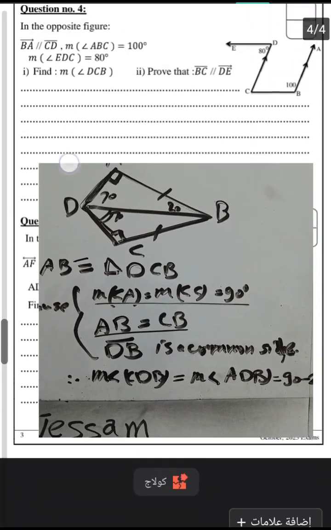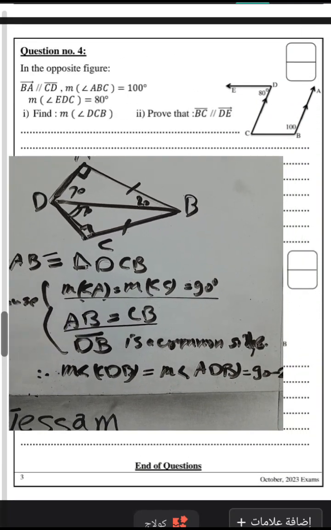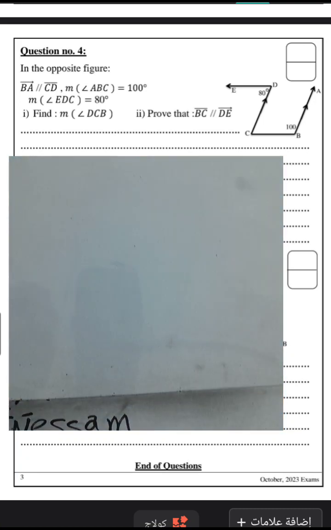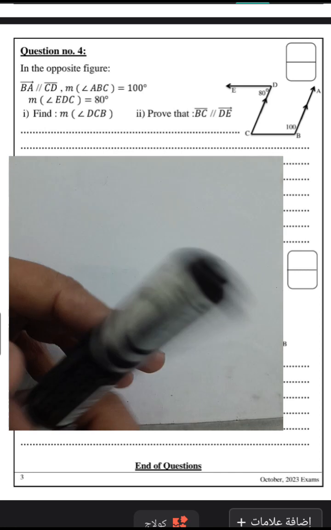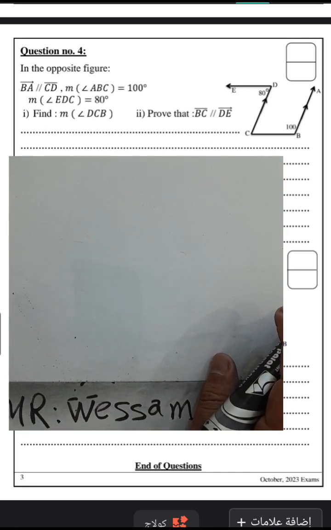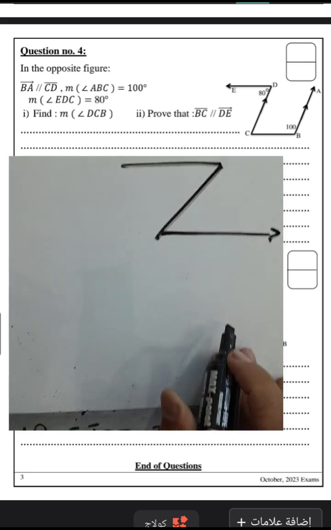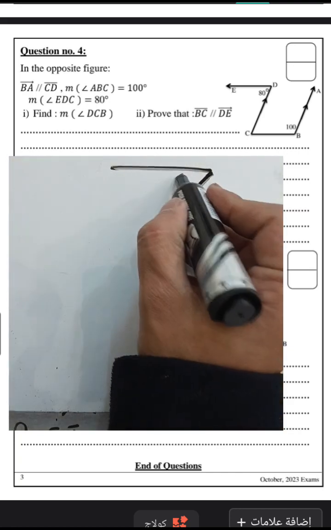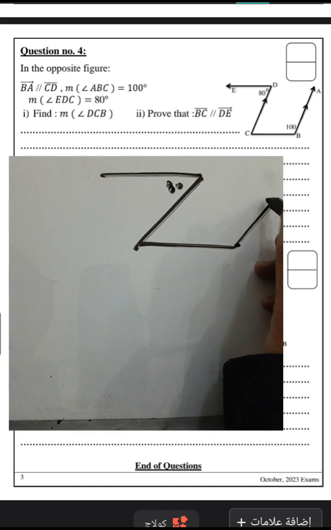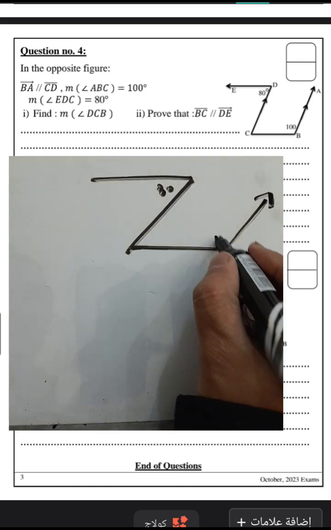Next question, we have two parallel straight lines here. We have BA parallel to ray CD, and we want to find the measure of angle DCB. Look at this shape. We have these angles of 80 degrees, and again a straight line here of 100 degrees.